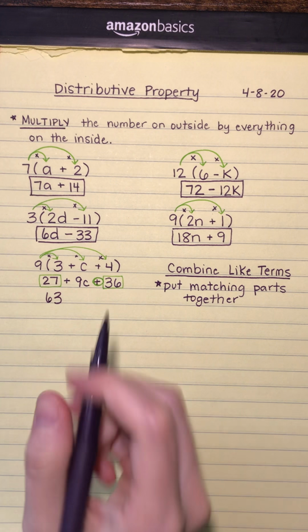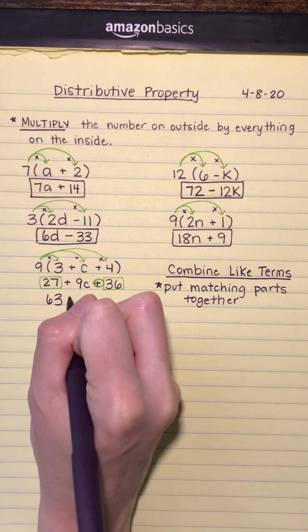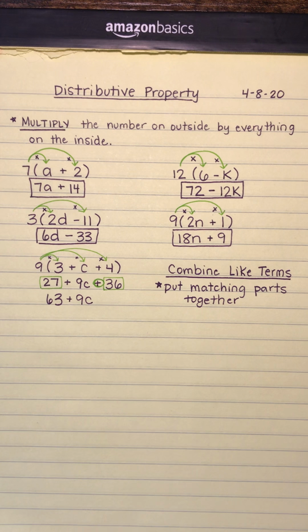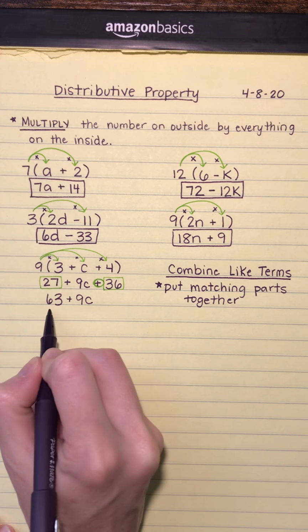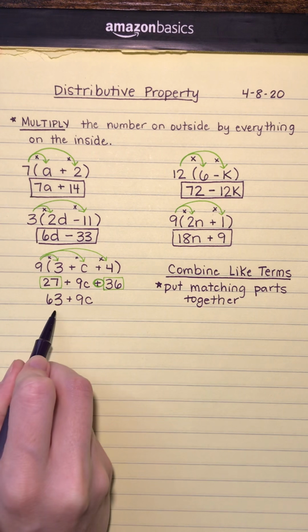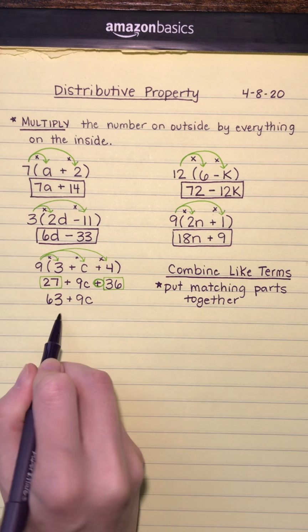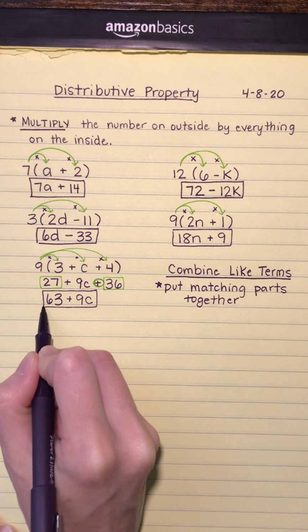And now what I'm going to do is whatever I didn't put a box around, I've got a plus 9C left over here. I'm going to put plus 9C down. And now I have a final answer. And the way I know I have a final answer is this number has no letter and this one has a letter. They don't match, which tells me I can't do anything else with them. I can't add those 2 together.